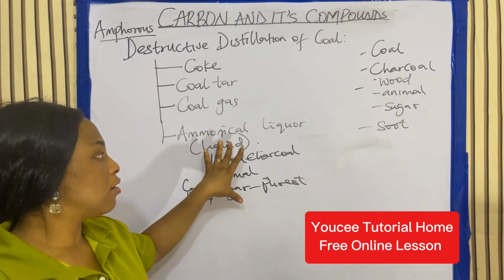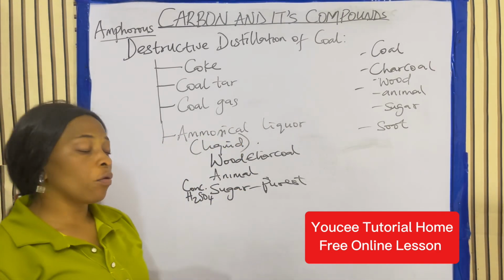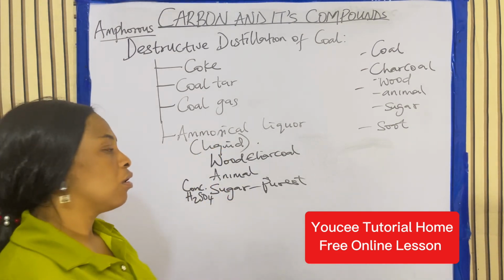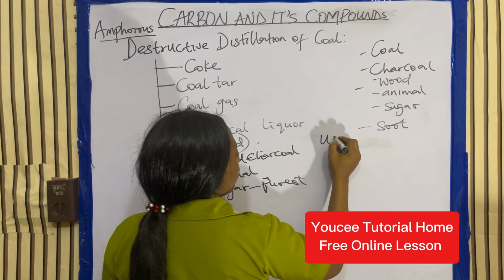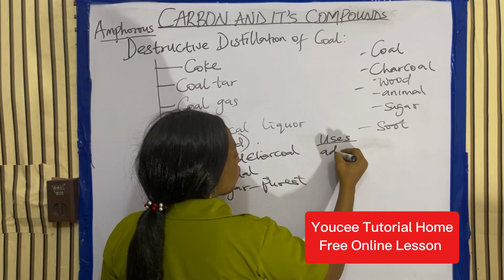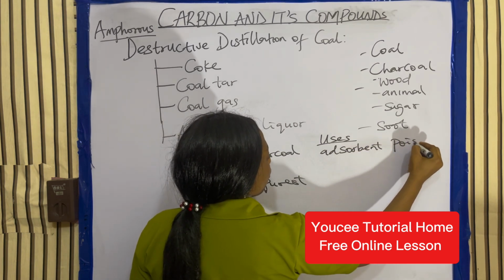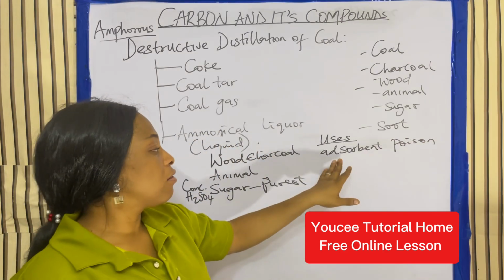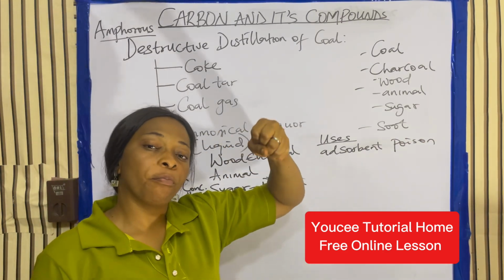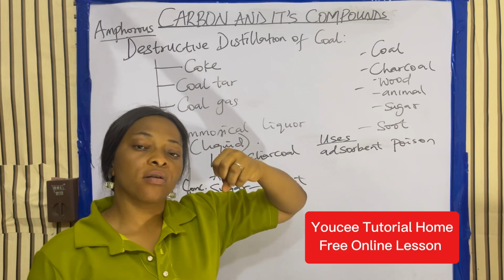Then we'll look at the uses of charcoal. Number 1, charcoal is basically used as an absorbent of poison or poisonous gases.